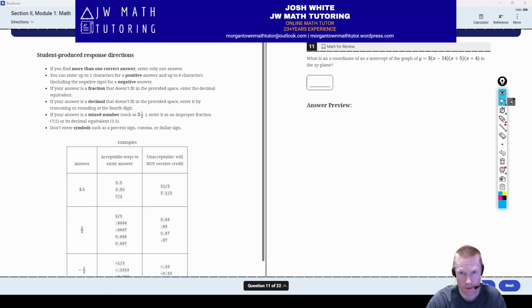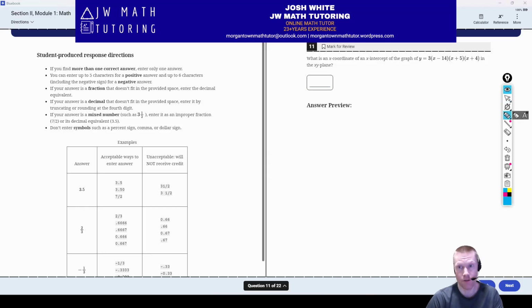Next up, number 11, another fill-in. This one, there are actually three different answers you could submit. You have basically three x-intercepts for this graph. Because x-intercepts are the same as 0, same as roots, they're where the graph equals 0. So basically, you take each factor and you set it equal to 0. X minus 14 equals 0.